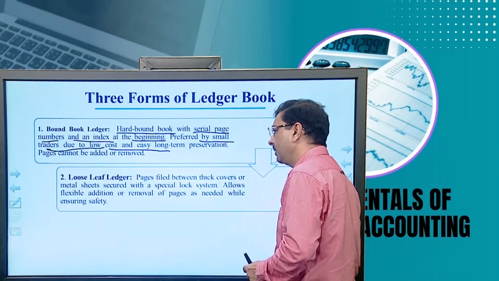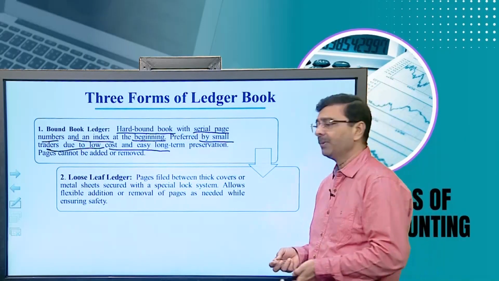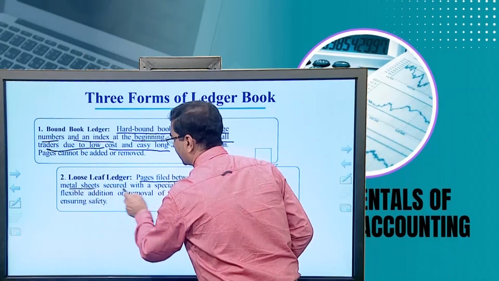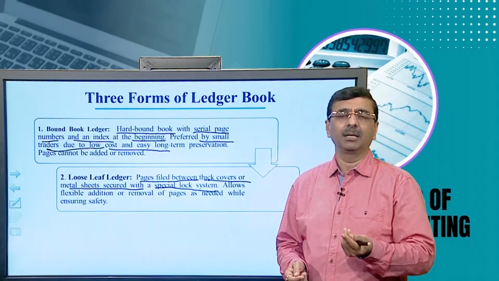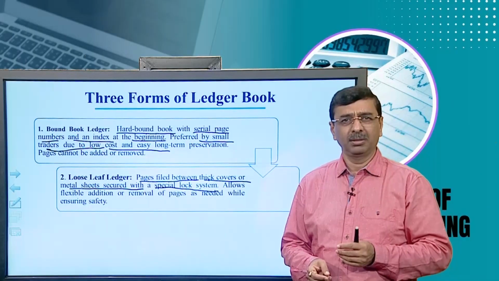Second is loose leaf ledger book, where the pages can be identified and the pages are filed between the thick covers of metal sheets secured with a specific lock system, right. So, as many pages as you want to add to this ledger book, you can add.